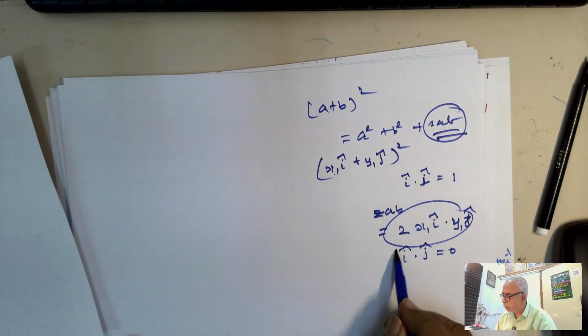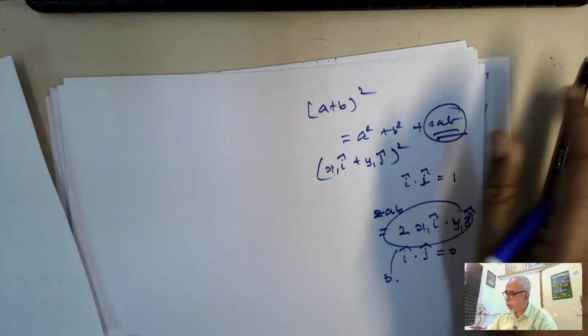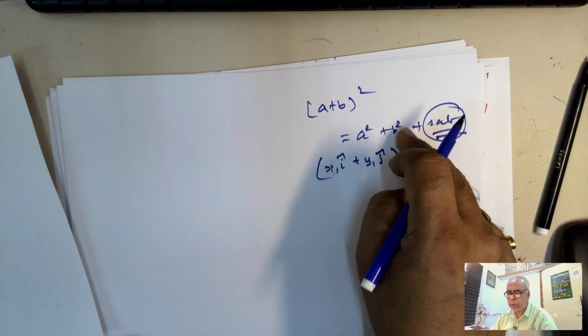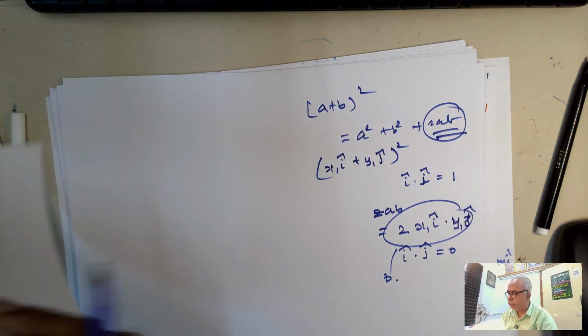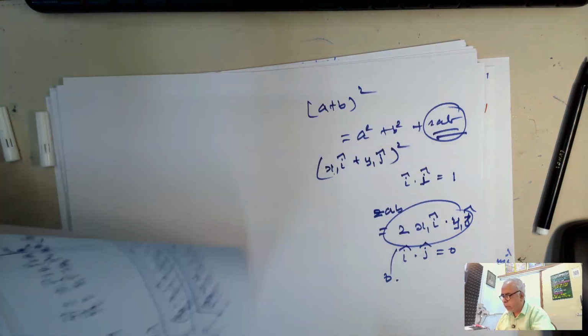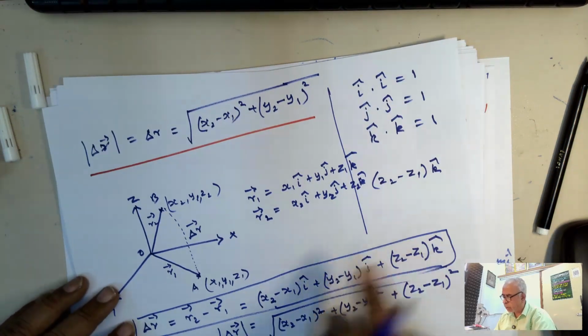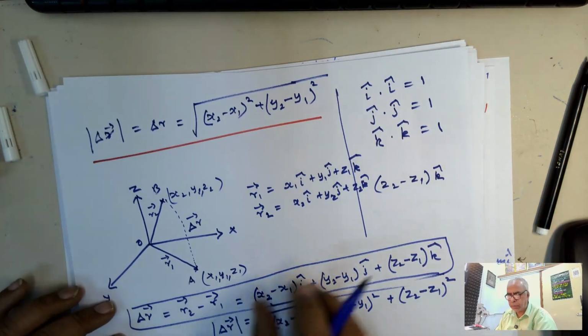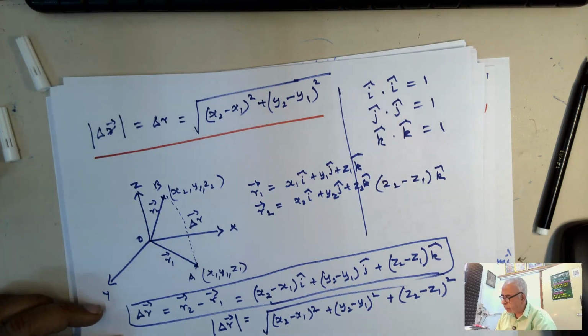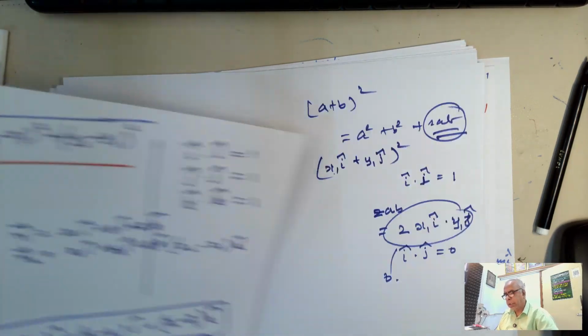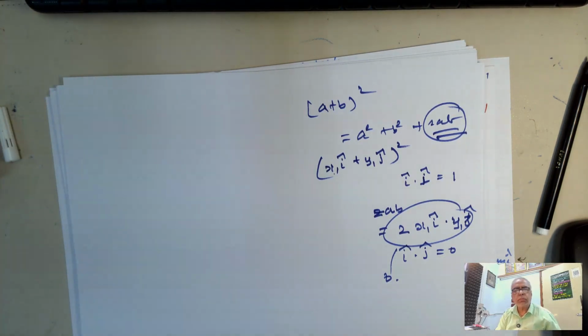So this whole term becomes 0, and that is why we have totally eliminated it and taken only a squared plus b squared, in the case of this, that is x squared plus y squared. Clear? Right. So this is very important.